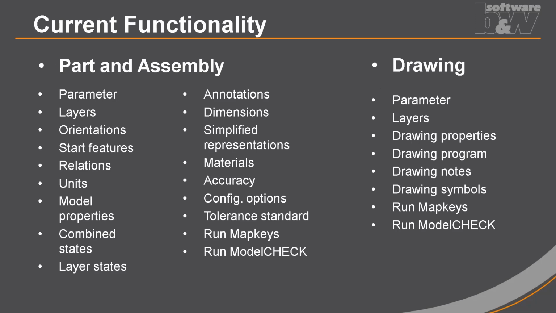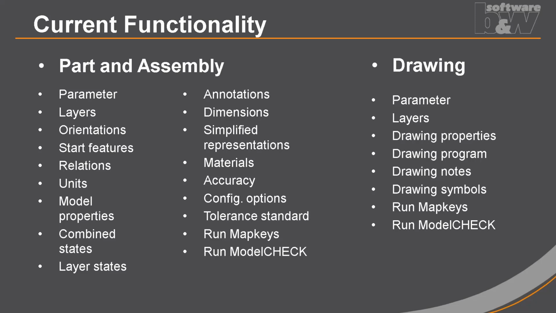Good. Now I'm going to show you an overview of the current functionality. There is much more functionality around these basic functionalities, like setting up conditions and categories, and defining different paths where to go when you check and correct things, because you have different checks and corrections for the plastic parts, for the sheet metal part, and so on.